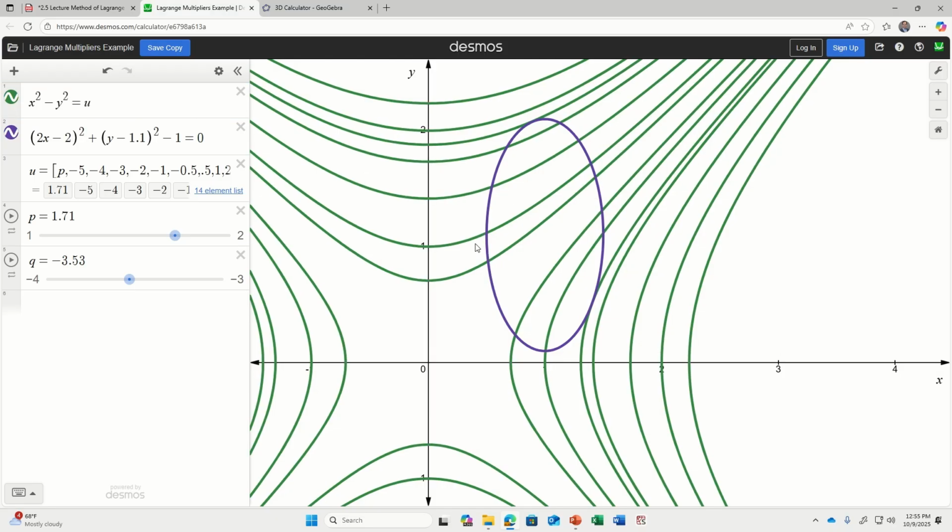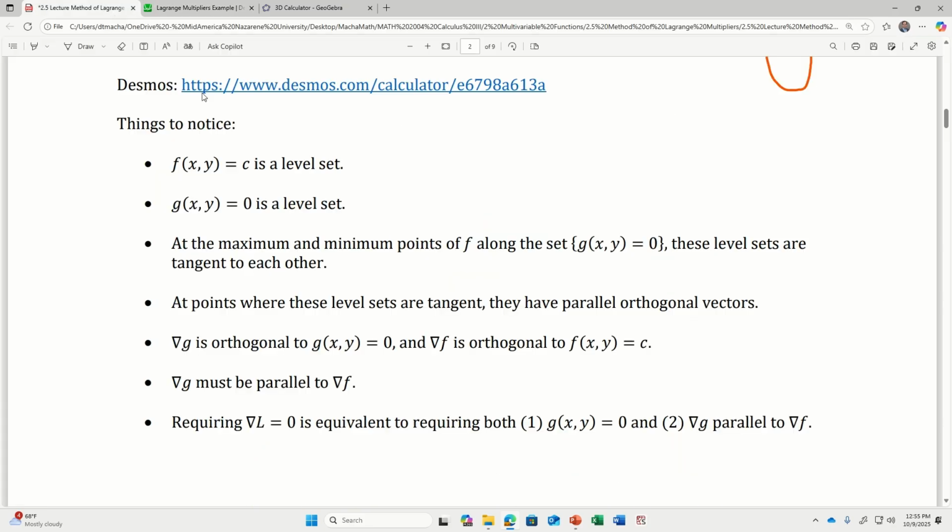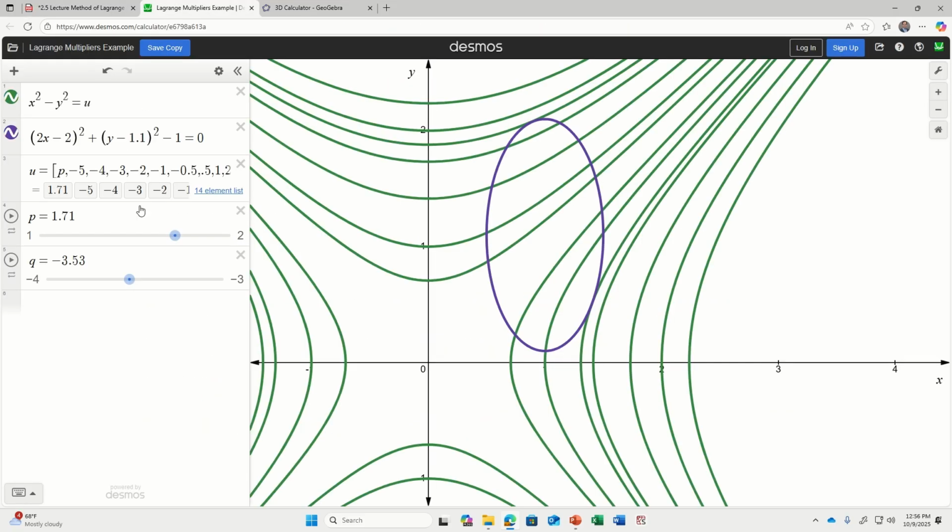If I say the left side of the equation is the function g, then setting it equal to 0 means I'm talking about a level set of g. Then this is the maybe crucial part here. At the maximum and minimum points of my function, along the level set where g is equal to 0, these level sets are tangent to each other. So here's what I mean.